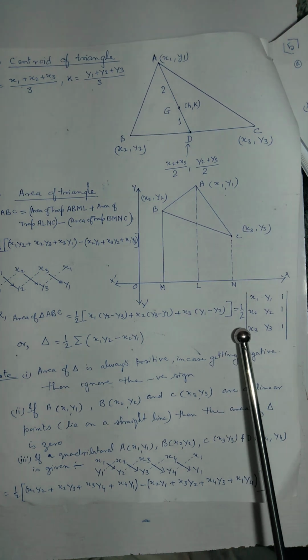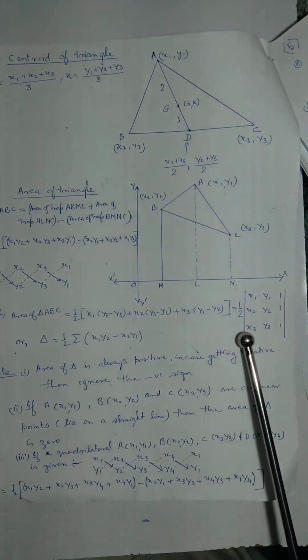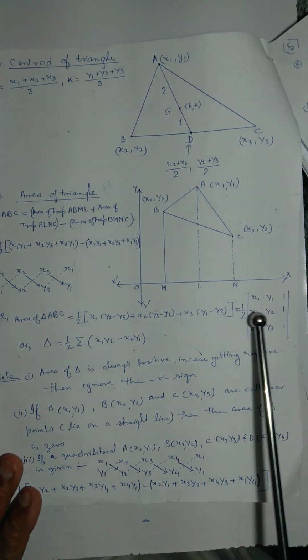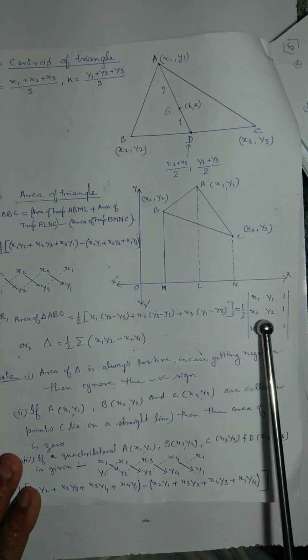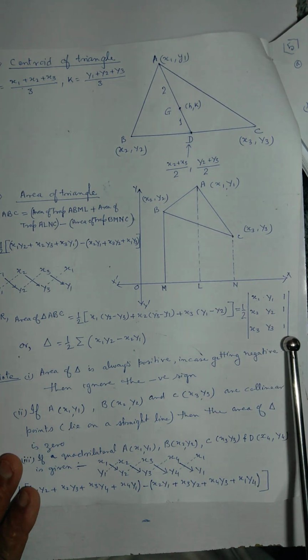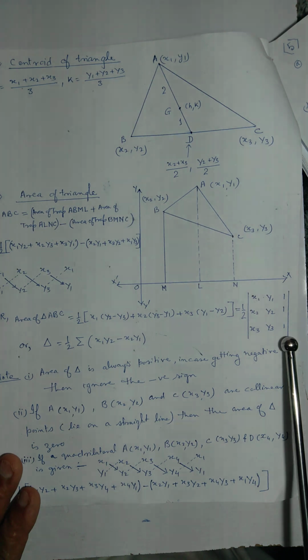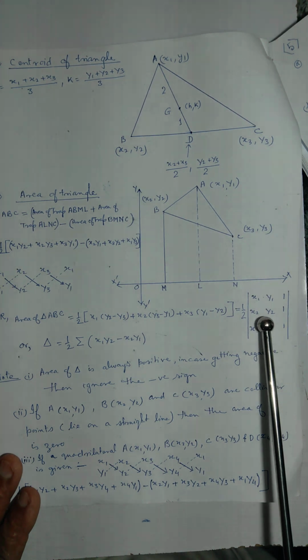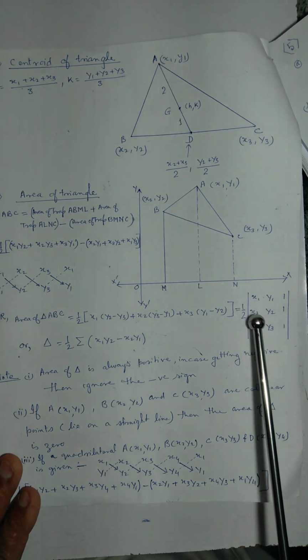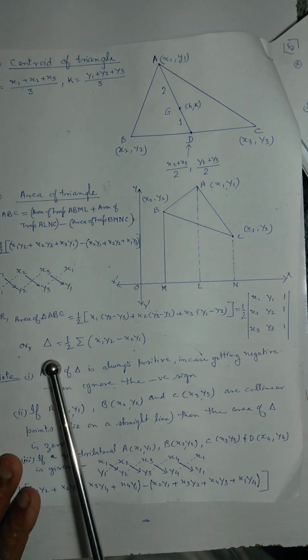There is also a determinant formula, that is 1 by 2. Inside the determinant sign you write down x1 y1 1, x2 y2 1, x3 y3 1. And if you are aware of determinants, with the help of that formula you can find the area.